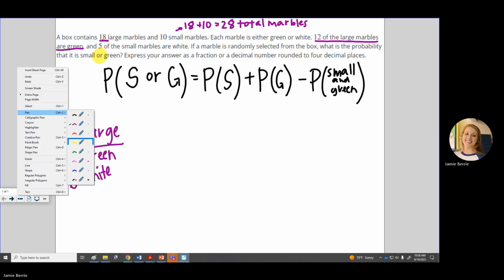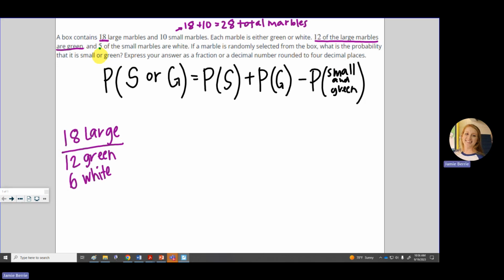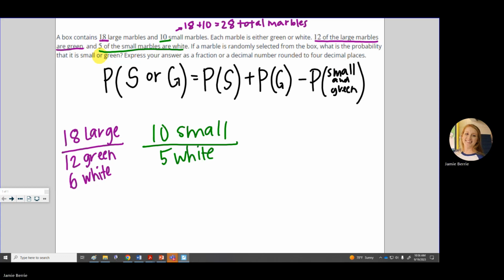Now, 5 of the small marbles are white. There were 10 small marbles in total, and 5 of them are white. We have 10 altogether, so there's 5 more, and they must be green. That's their only option. They were either green or white.